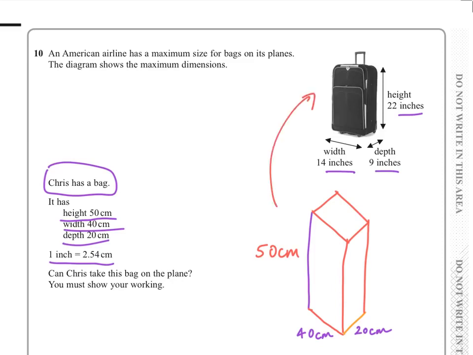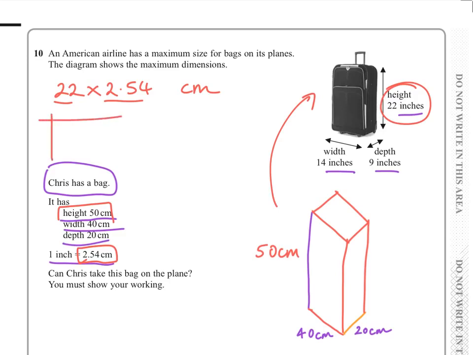So we're going to try and look at the height to start with. Now it says 1 inch is 2.54 centimetres. So if we look at the height here, we know it's 22 lots of 2.54, and that would be the conversion to centimetres. So we just need to do 22 times 254, and you can do that however you wish, but don't forget it's a non-calculator paper. So I'm going to do mine like so.